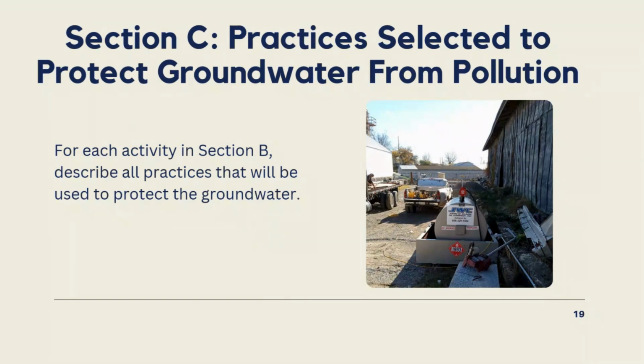This third section is actually the most important, which is your practices selected to protect groundwater from pollution, or your best management practices. This is where you say, yes, I do have a 500-gallon diesel tank, but I have secondary containment around that tank.